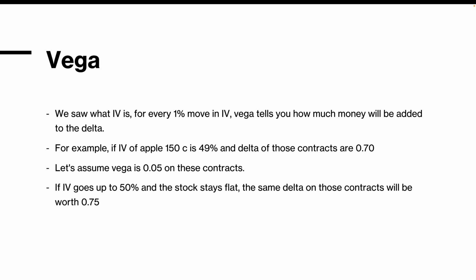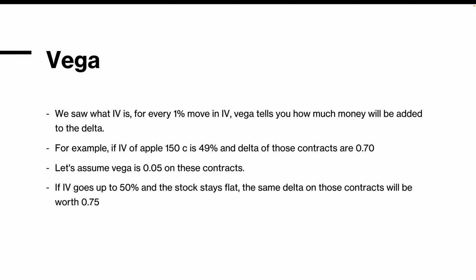That's where Vega steps in. Vega tells you the amount of money that will be added to or removed from your options premiums for every 1% move in implied volatility. Let's go back to your same 150 call as an example. Let's say it has an IV of 49%, the delta of those contracts is 0.70, and you pay around $150 for it, and the Vega is 0.05.